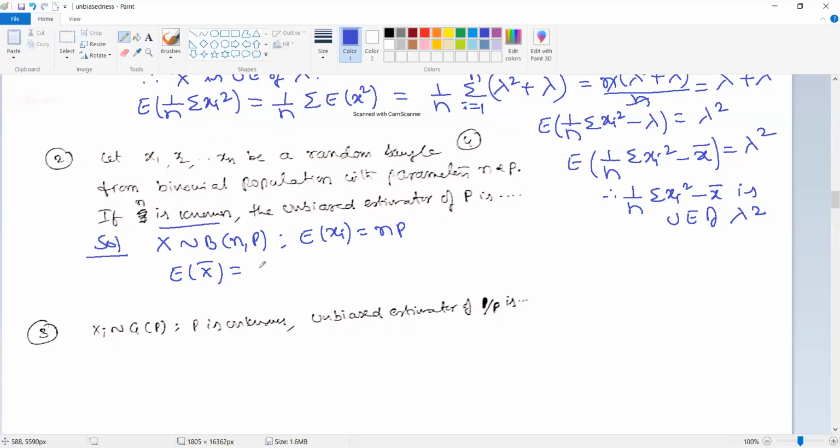Now E of X bar is equal to the expectation of summation Xi by n. So that is 1 by n summation of E of Xi, where i is equal to 1 to n. E of Xi is equal to np.